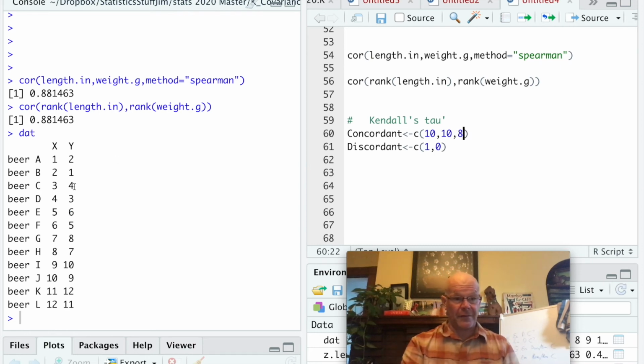And then the number of discordant is going to be 1, because 4 is greater than 3, just like 2 was greater than 1, but here 1 was not greater than 2. So there is going to be 1 discordant pair. We would go through all of those, and I will just cut and paste because I already did it all by hand.